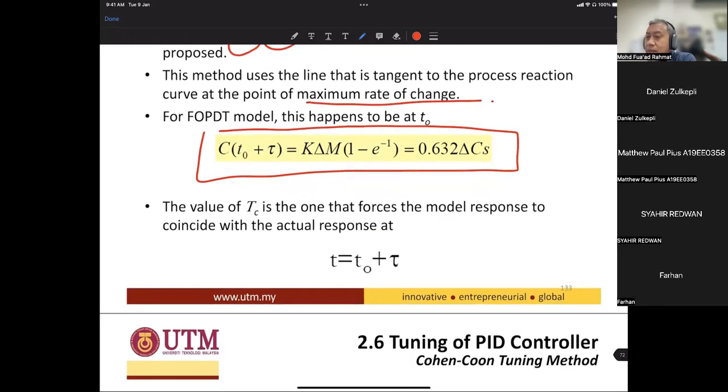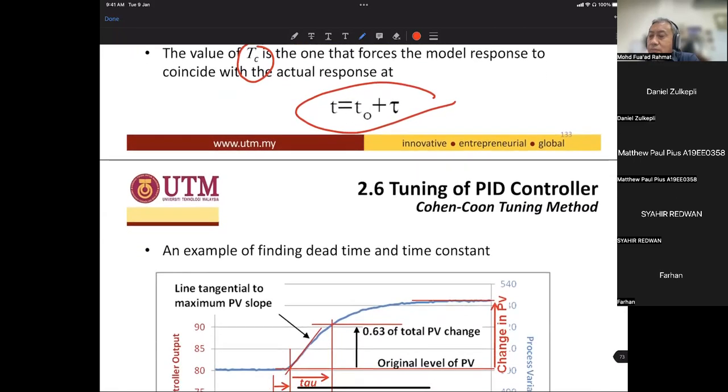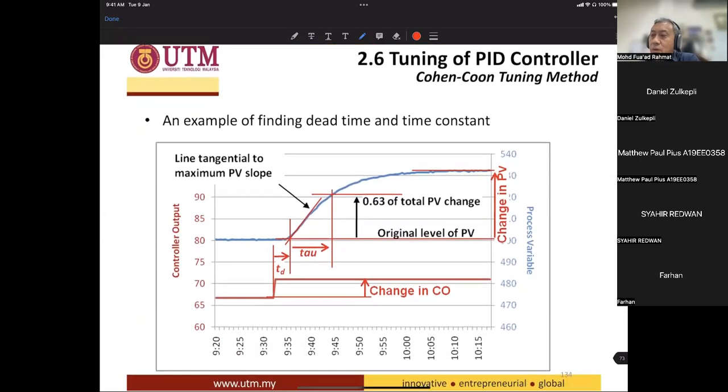So the value of TC is the one that forces the model response to coincide with the actual response at time equal to T naught plus tau. So this is one example of finding a time delay and time constant.